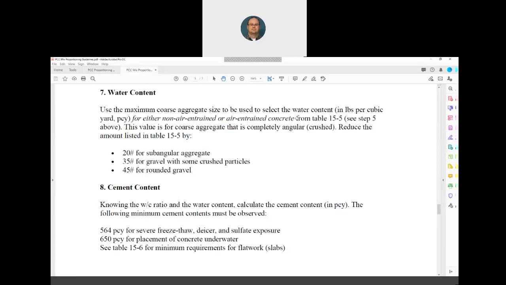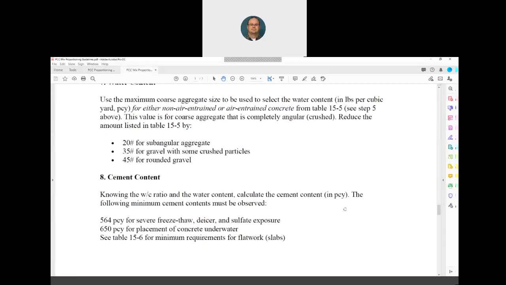So if I know how much water I'm using per cubic yard and I know my water cement ratio, I can do algebra and calculate how much cement I need per cubic yard. Where all this information is coming from is your textbook. What I did is I combined it all into this nice sheet for you, and there's additional information in there.